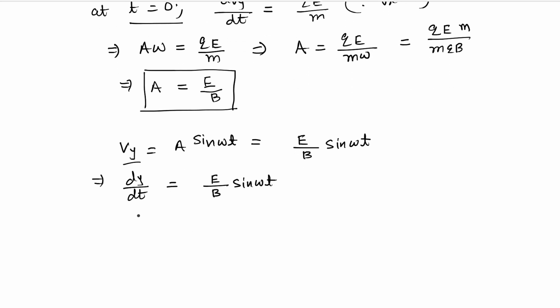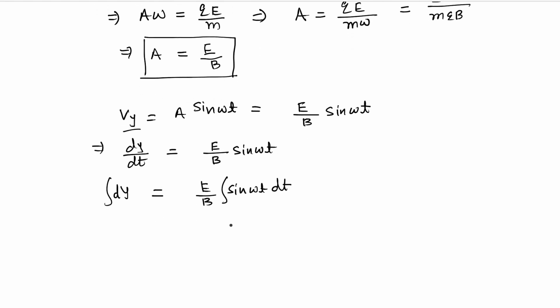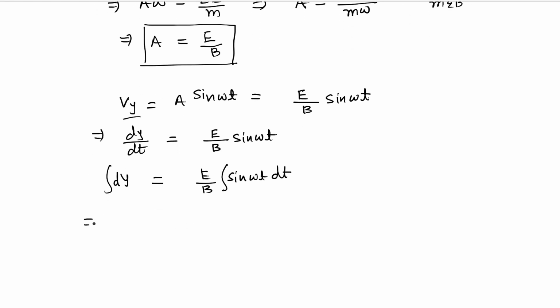Okay, so y, we can just integrate this, sine omega t dt. Fair enough. So that means y equals E by B, and the integral of sine omega t is minus cos omega t, from 0 to t, so it will be minus cos omega t by omega.